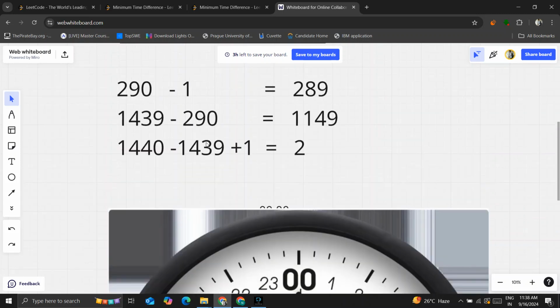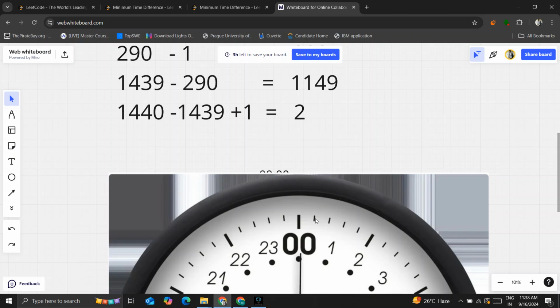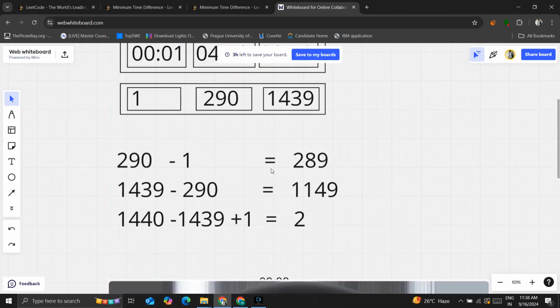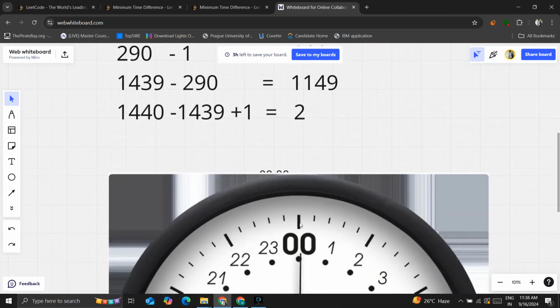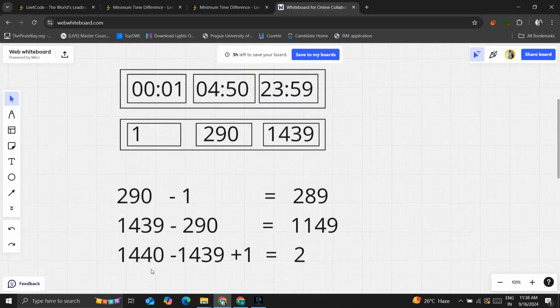If I directly subtract 1 from 1439, I'm finding the difference in this particular way, but that will not give the minimum value. So what I will do in order to find this difference is subtract this value from 1440.